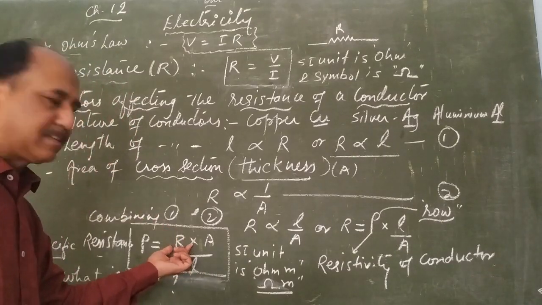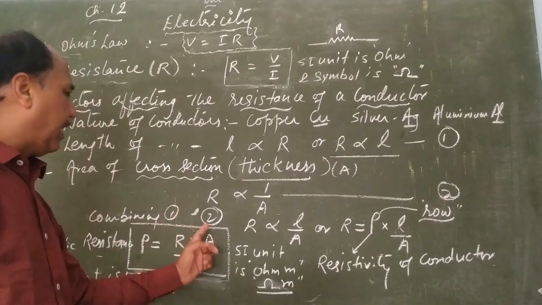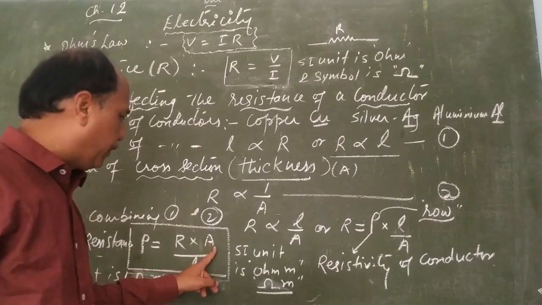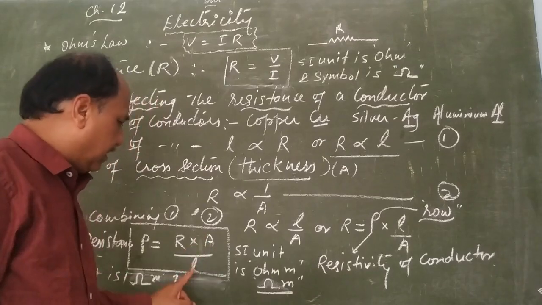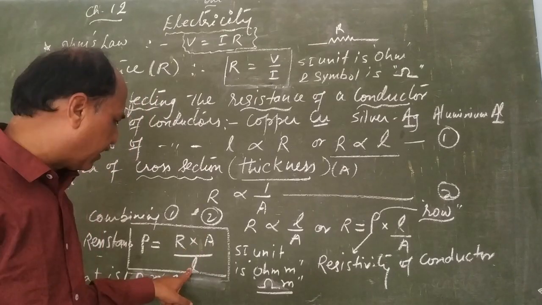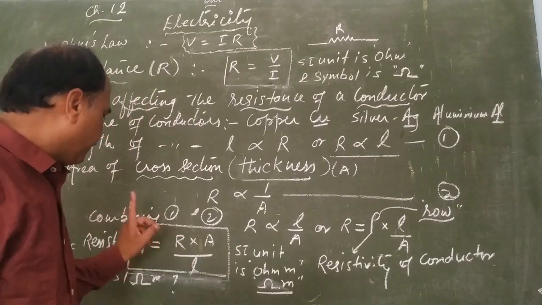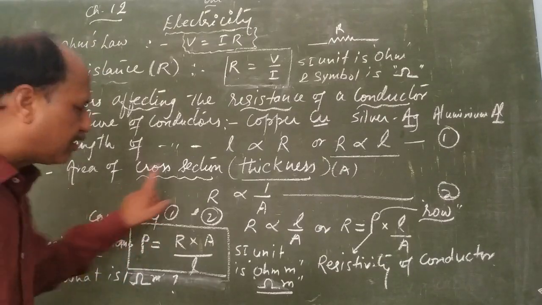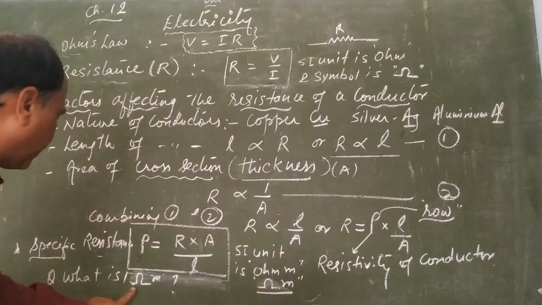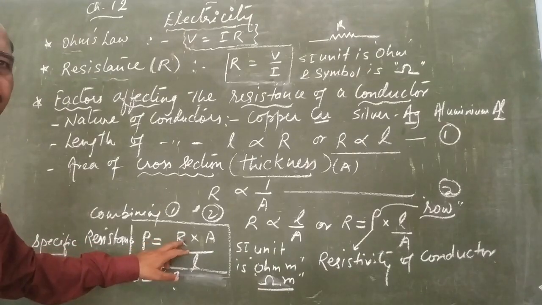When the resistance of the conductor is 1 ohm and its area of cross section is 1 meter square and the length possessed by the conductor is 1 meter, then the specific resistance or the resistivity of that conductor is said to be 1 ohm meter.